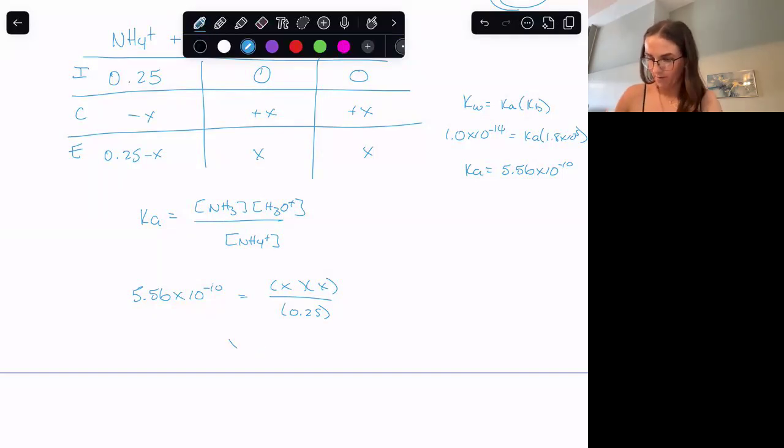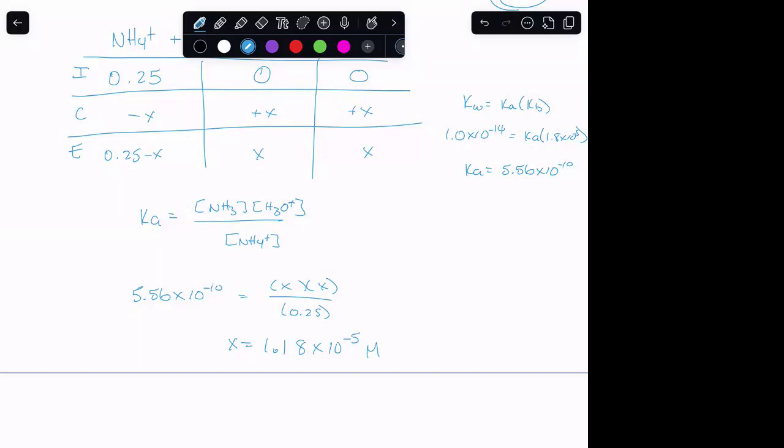X is equal to 1.18 times 10 to the negative 5 molar. Does that answer our question? Close. We need to do the negative log.